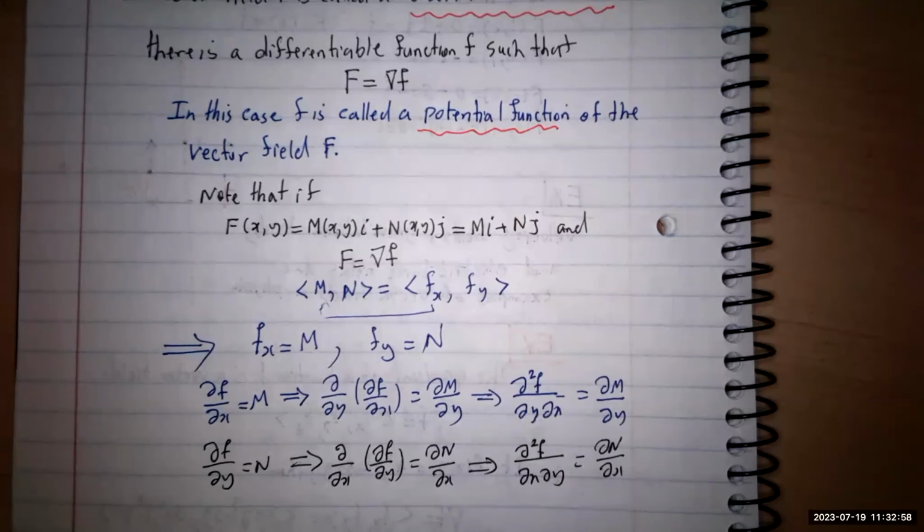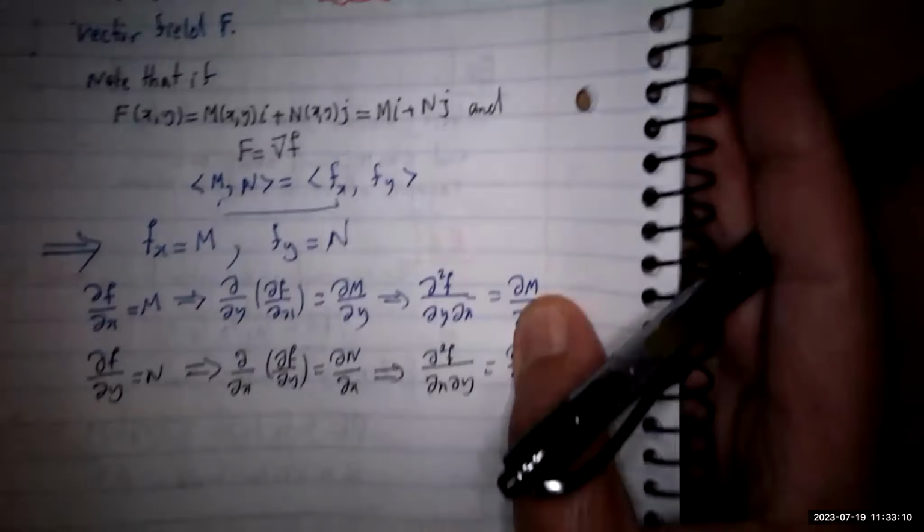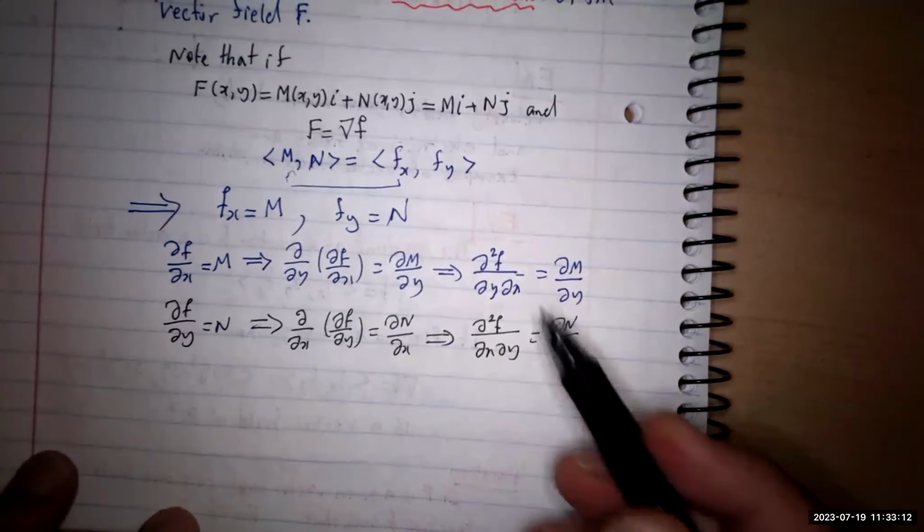If you assume that the partial derivatives are continuous, according to the theorem, remember the Clairaut theorem that we did before, the order is not going to be important. The order is not important, so this means the first one and the second one are going to be equal to each other.